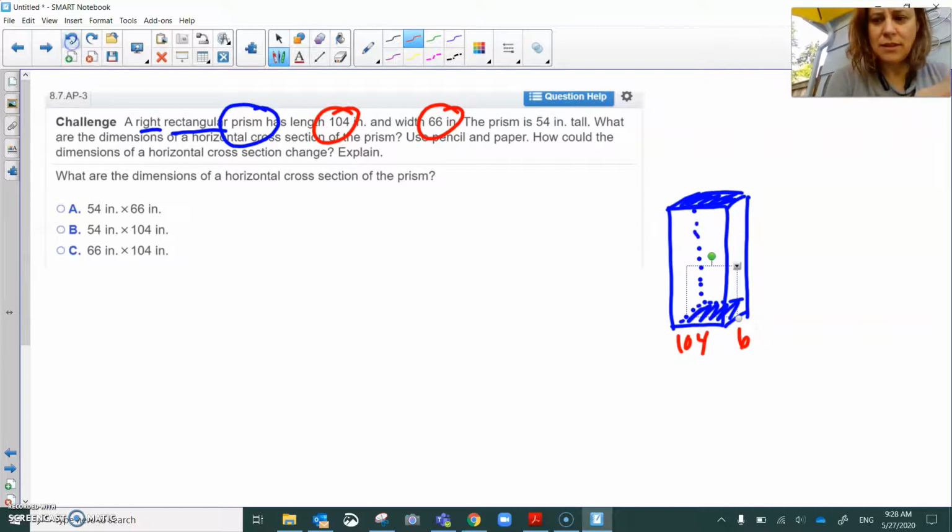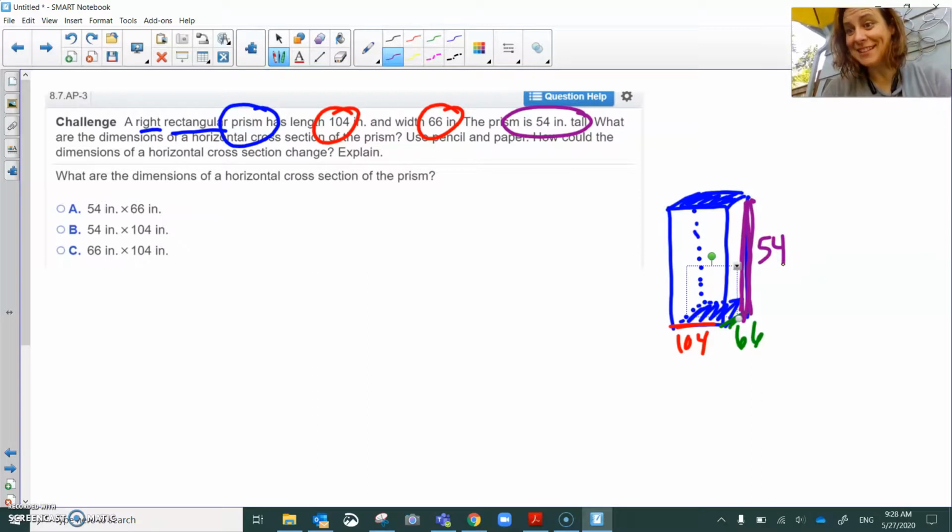How about if I do these sort of in different colors? A length of 104, a width of 66, and then it says it has a height of 54. Obviously this is not drawn to scale, because 54 is the smallest number, but it's clearly not the smallest side in my drawing, but that's just semantics.